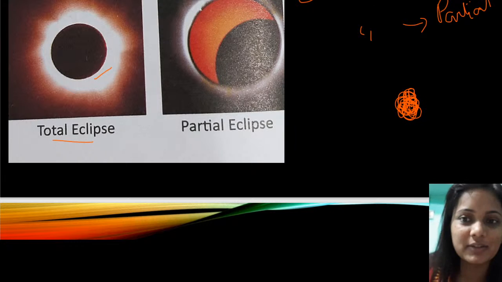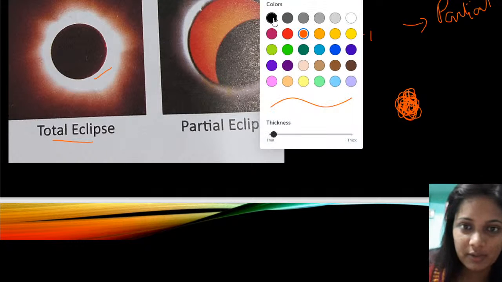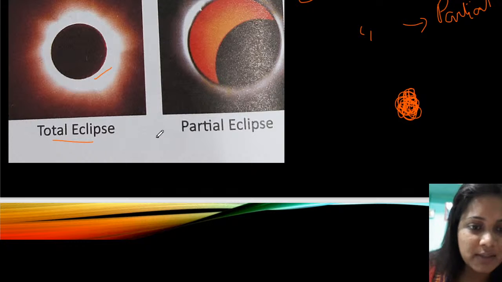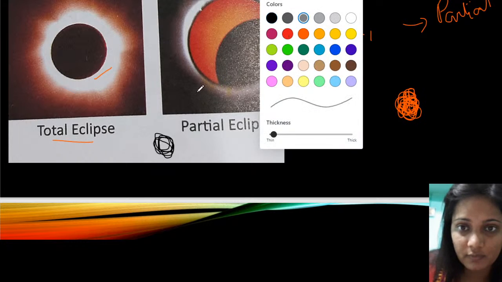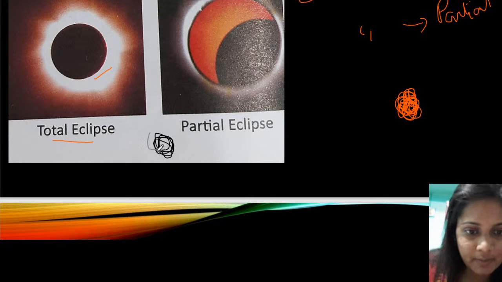But remember, let me take the black color only. So there will be a certain portion where you will find the shadow is black, but there are certain portions where you will find the shadow is gray. Is that clear?